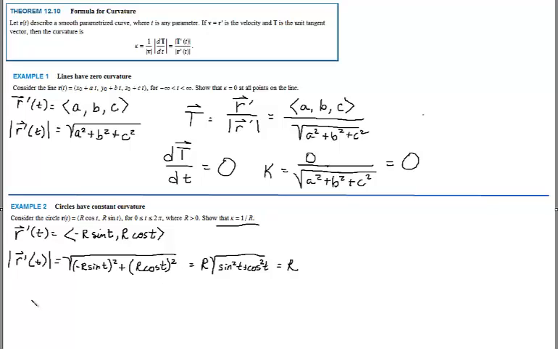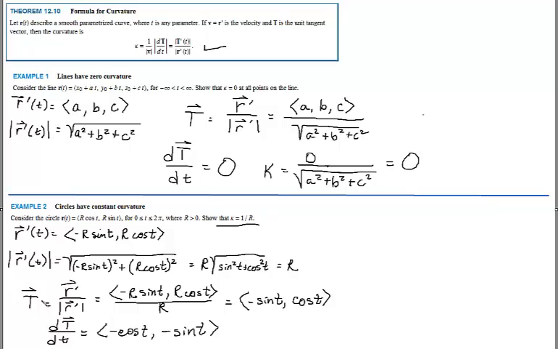Next, I'll be looking at that unit vector and how it changes in time, so that we can then get this curvature right here. I'll go ahead and write that down. Alright, so I got that unit vector, and then I found the derivative of that unit vector. How is that changing with time? And next I'll use my curvature formula.